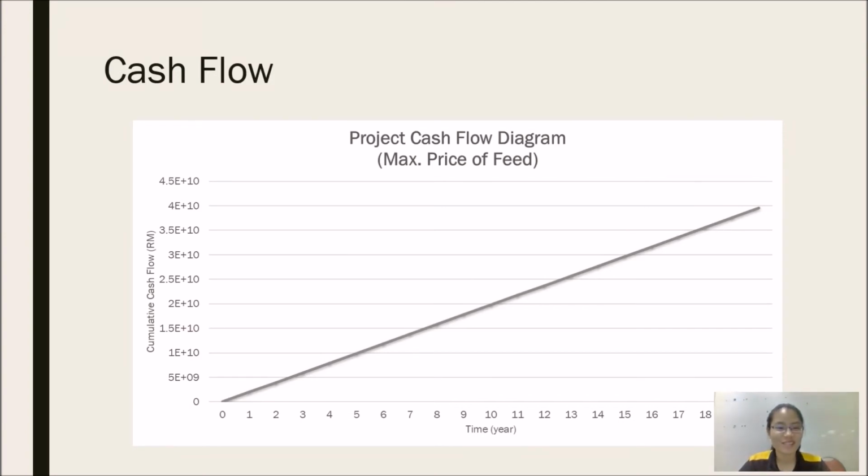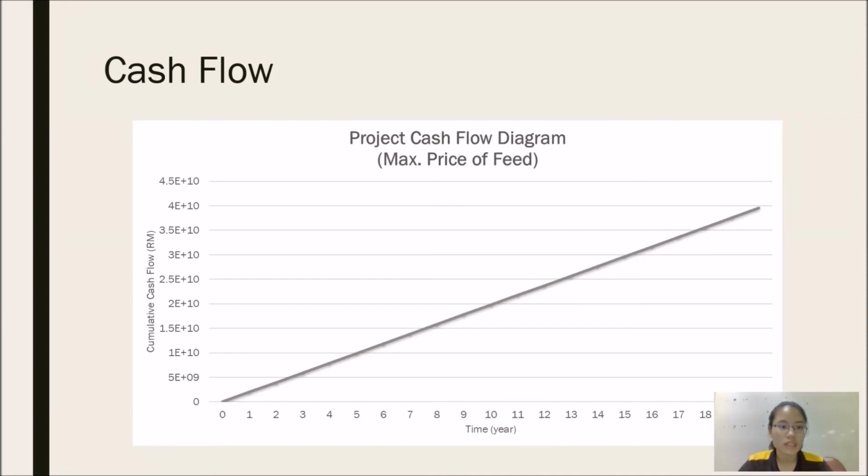For the cash flow, as you can see, we earn money from the first year until the 20th. This cash flow estimates the revenue of our company for 20 years, and this graph shows the maximum price.